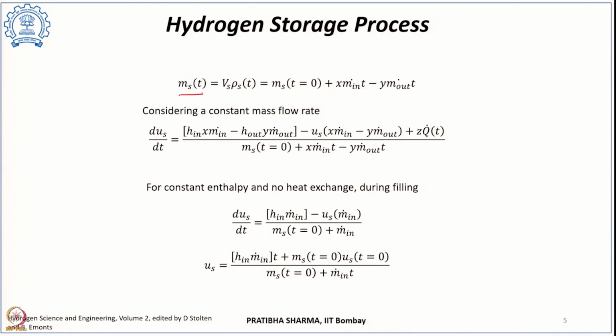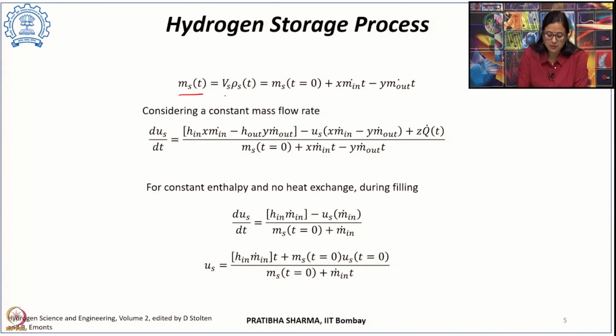So, the mass in the storage system is nothing but the volume times the density, and this can be expressed as the initial mass at t equal to 0, whether at the time of filling or at the time of delivery, plus x times m dot in, the mass flow rate entering, minus y times m dot out, the mass leaving, times t.